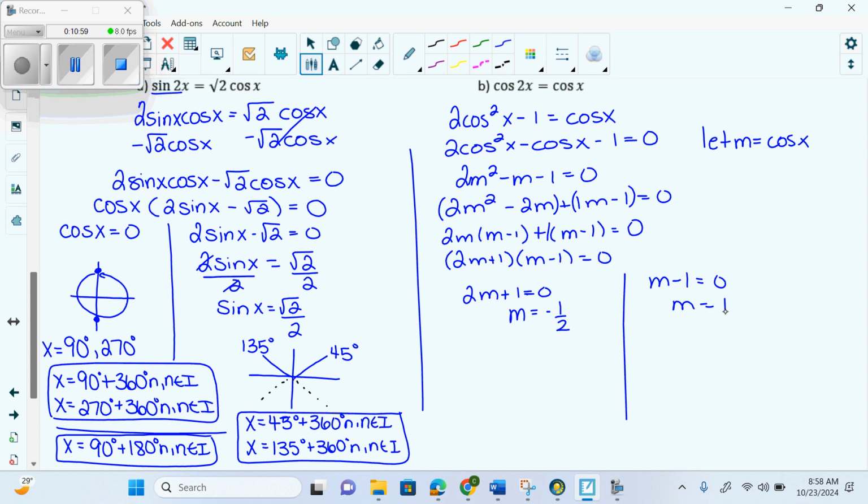So what do we replace m back with? Cos x. So cos x equals negative a half. Cos x is equal to negative a half where? Quadrant 2 and quadrant 3 at 60-degree reference angles. So this one is 120 and this one is 240.